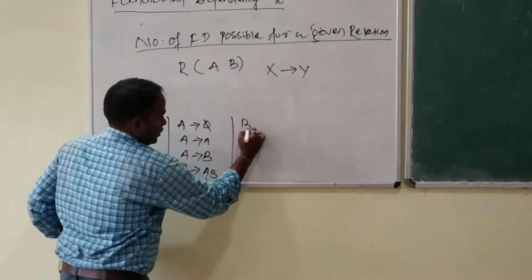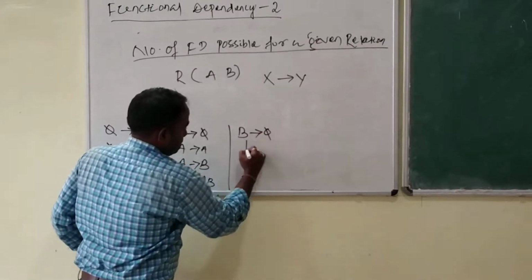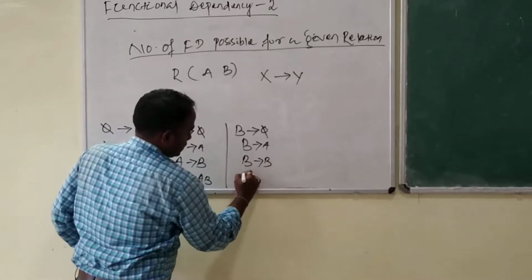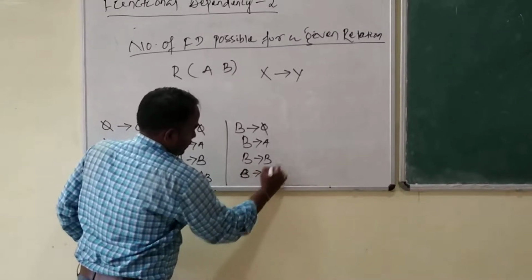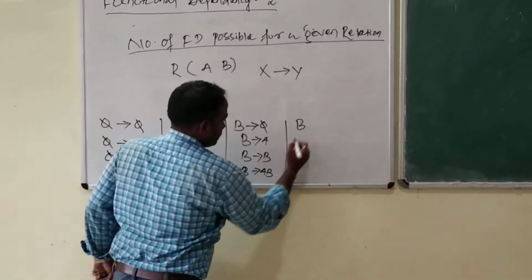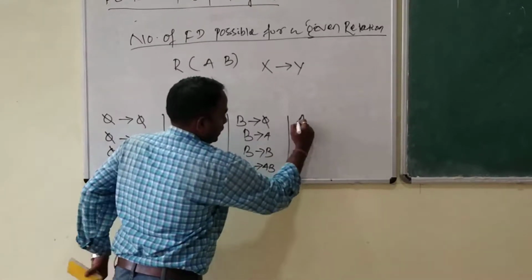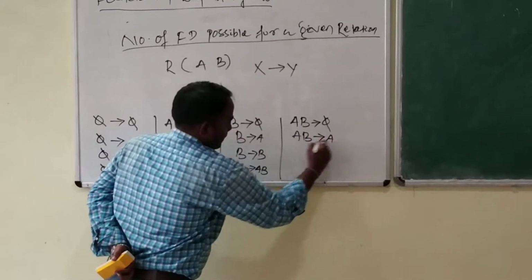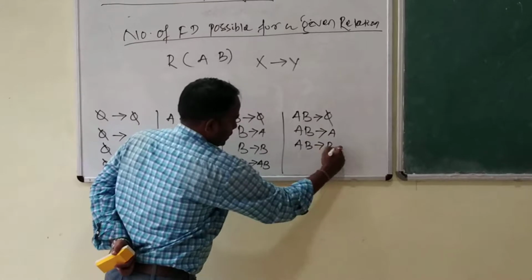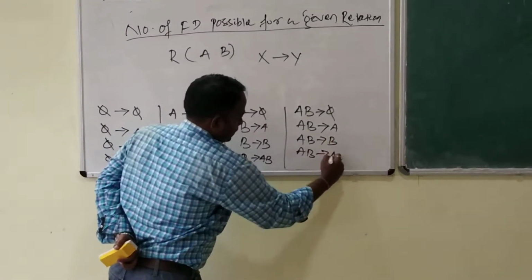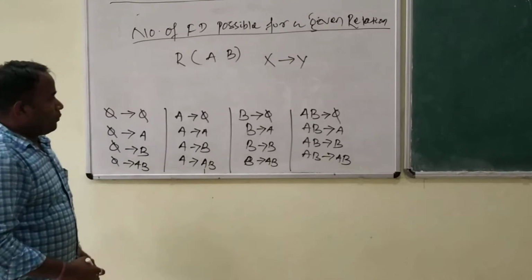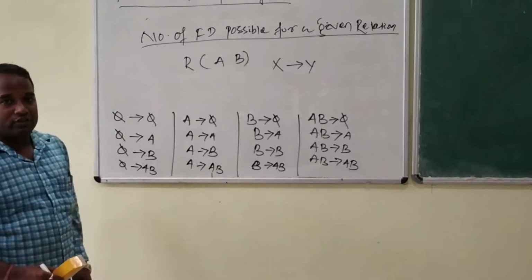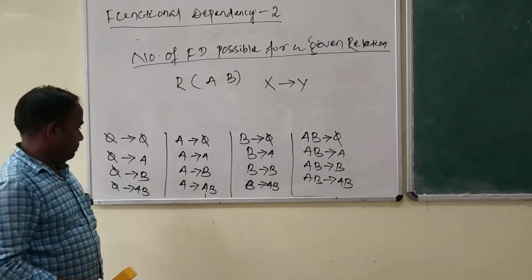From B: B determines phi, B determines A, B determines B, B determines AB. And AB determines phi, AB determines A, AB determines B, AB determines AB. These are the maximum possible functional dependencies we can define over this relation R with attributes A, B.